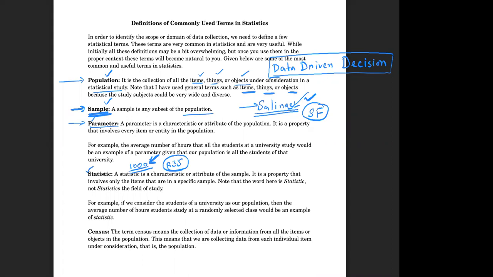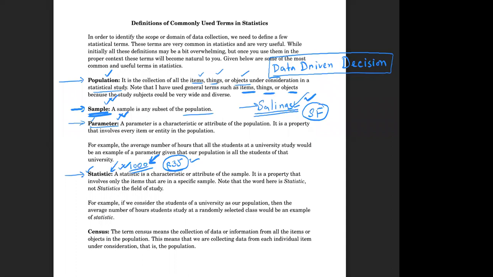So this number 35 describes the property of a sample. Now, that is called a statistic, without the S. So pay attention to this. It is called a statistic without the letter S. Sometimes we will use the word parameter, and sometimes we will use the word statistic. So a parameter will describe the property of the entire population, and a statistic would describe the property of a sample.